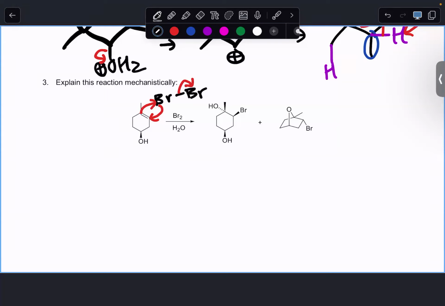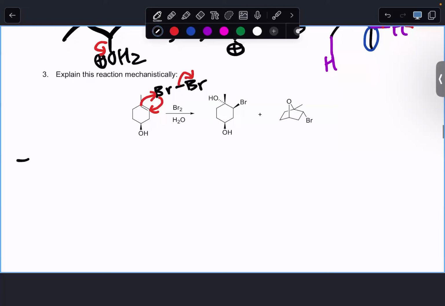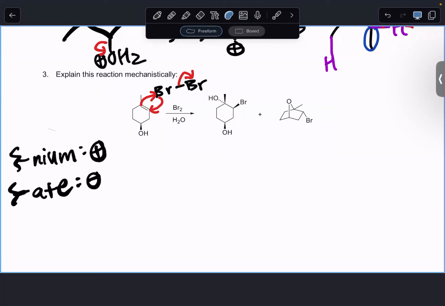So onium is a positively charged thing. If you see ate, that's a negatively charged ion, like carboxylate, enolate. But that's later. Okay, I'll write that down. Onium, positive charge. Ate, negative charge ion.